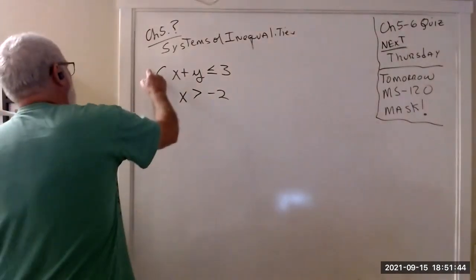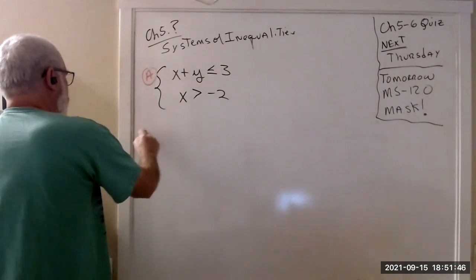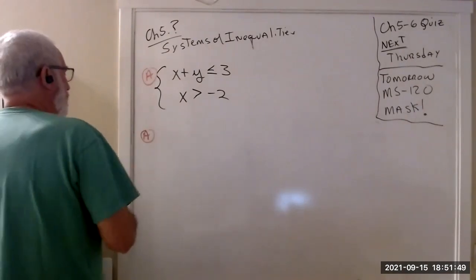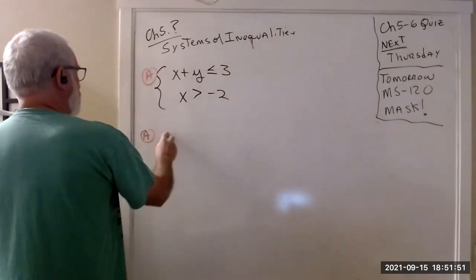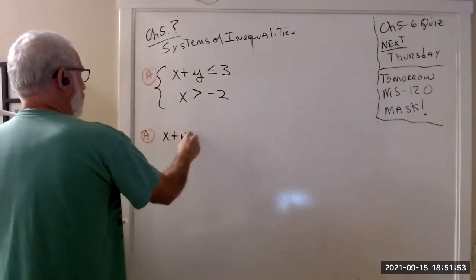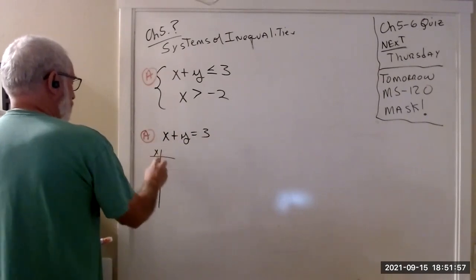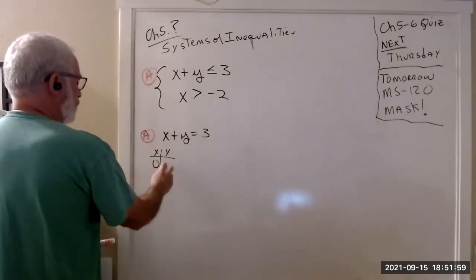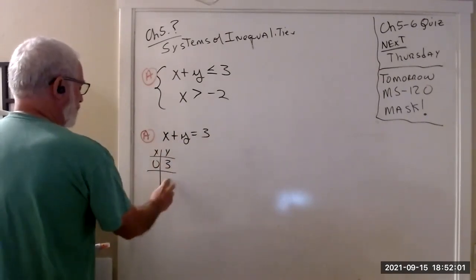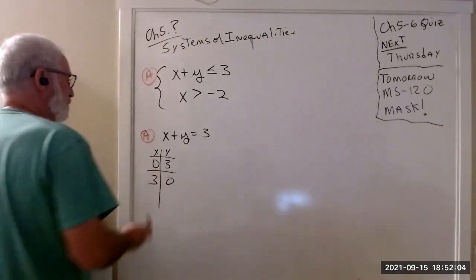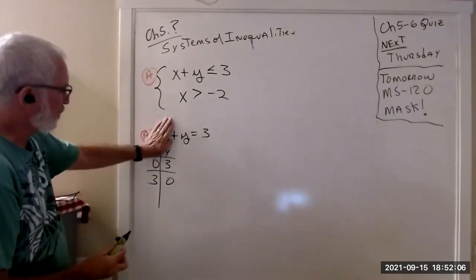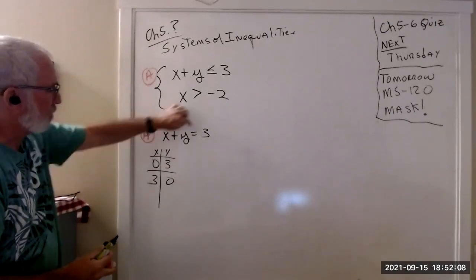Okay, so I'll call this top one A, and we'll start trying to graph it. Again, I see that it would be easier to graph if I just used a table of values. So if x is 0, y is 3, and if y is 0, x is 3. That's pretty simple. If x is 0, it drops out, so y equals 3.